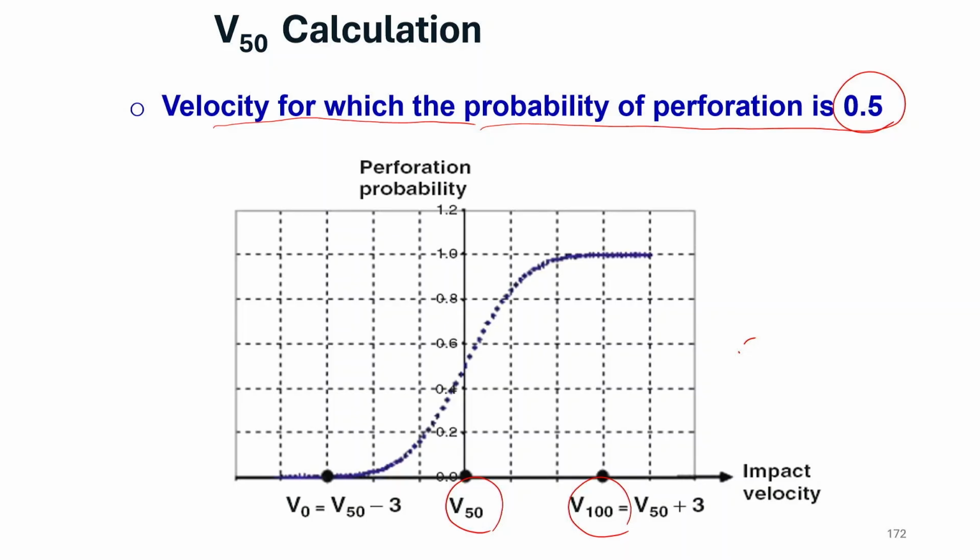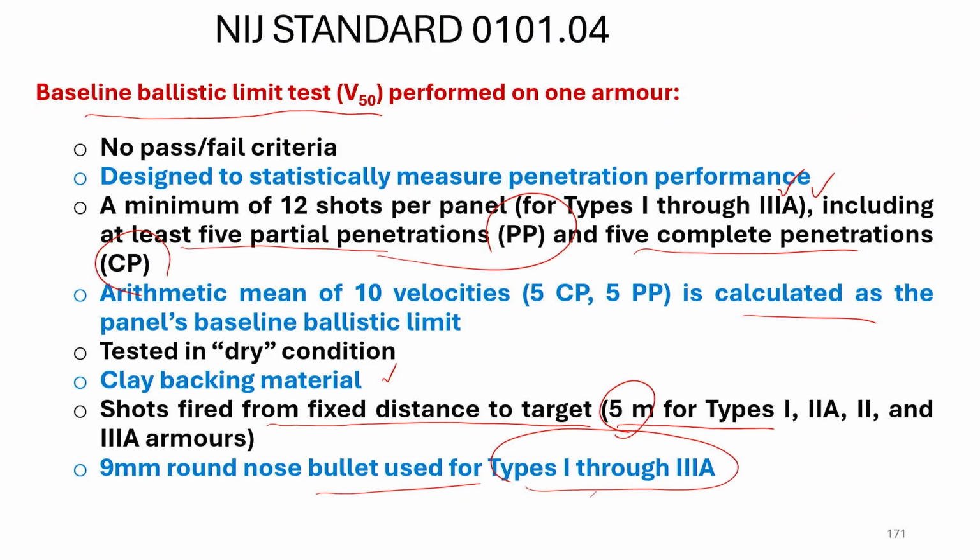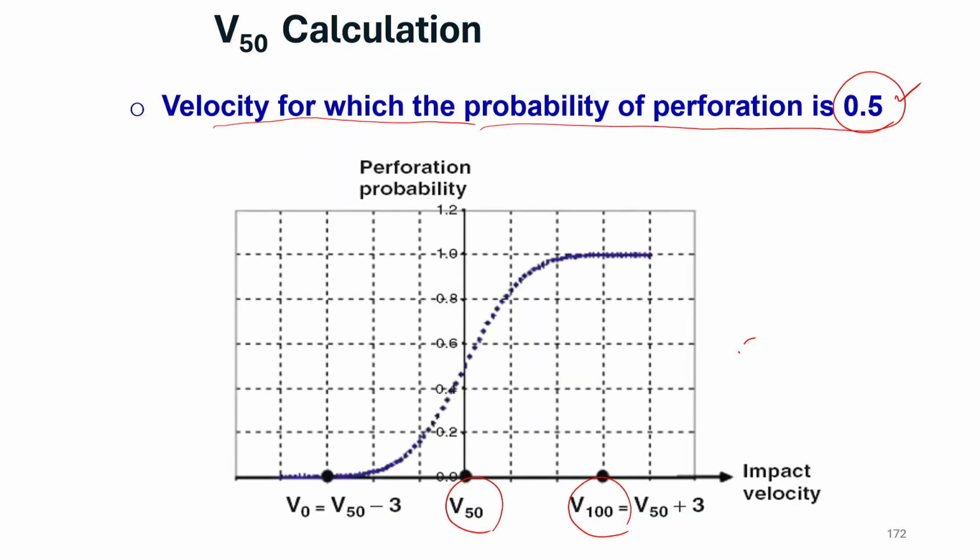So, the probability of perforation is 0.5, that is the ballistic limit, the baseline ballistic limit.